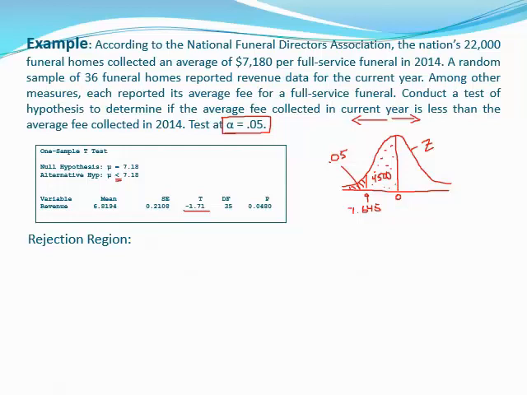Or you could go to the t distribution that has 0.05 in the tail and go all the way down to the bottom of that table, because those bottom numbers you see in those columns are z values, and you'll see the number 1.645. You'll have to add the negative sign because we're on the left, but that's what gives us this rejection region. At alpha equal 0.05, we reject if z is less than negative 1.645.